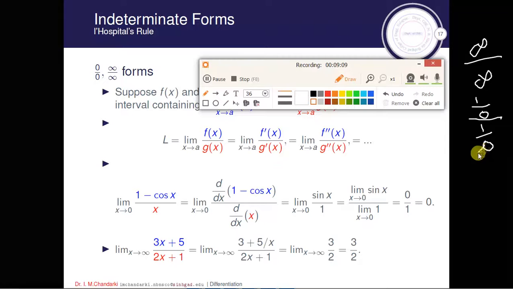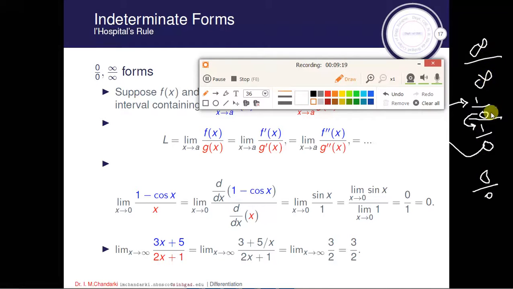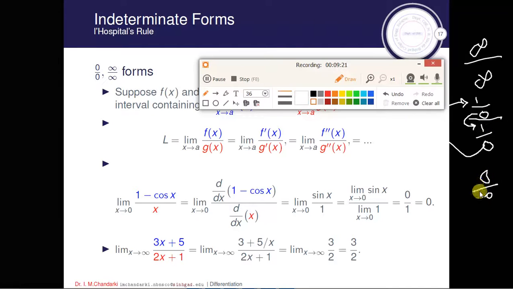The denominator of the denominator is the numerator, and the numerator's denominator is the denominator, so we get a 0 by 0 form. So every infinity by infinity form can be very easily reduced to a 0 by 0 form, and that is why, as we can apply LHR to a 0 by 0 form, we can also apply LHR to an infinity by infinity form.